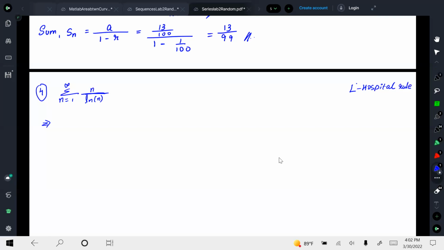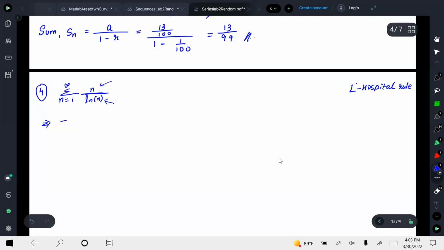How do you do that? One thing is you can apply L'Hospital's rule. According to L'Hospital's rule, you need to find the derivative of the numerator and the denominator separately, not together. Do not apply the quotient rule here. Find the derivative separately for the numerator and the denominator.